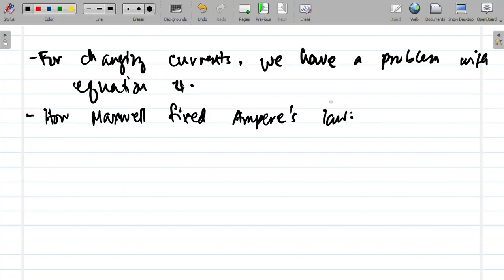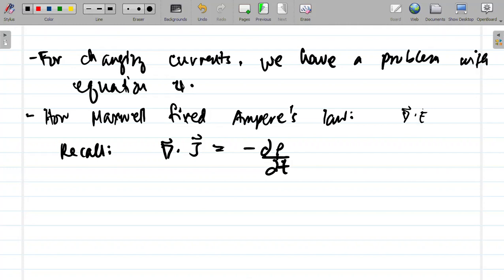So, class, recall the continuity equation, del dot J equals negative partial rho partial t. This is not necessarily 0 for changing currents. But class, let us look at del dot E equals rho over epsilon naught.